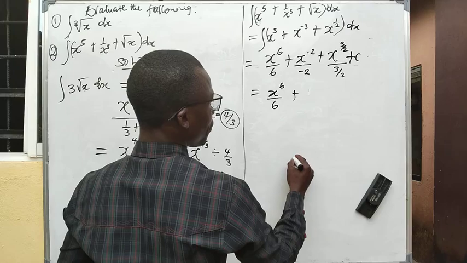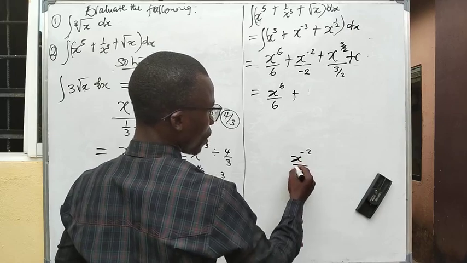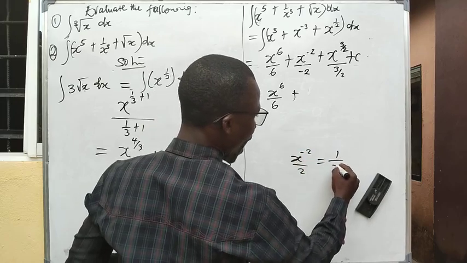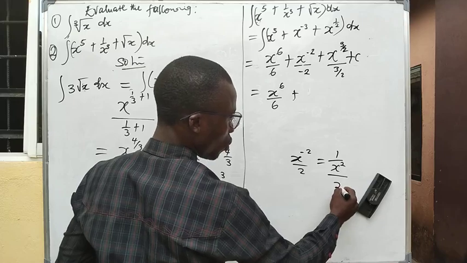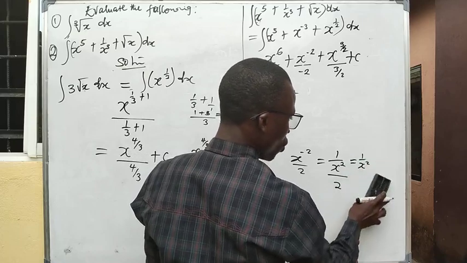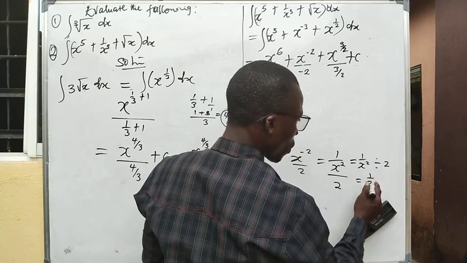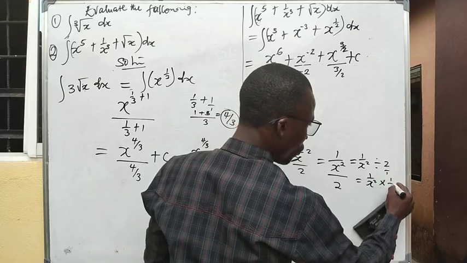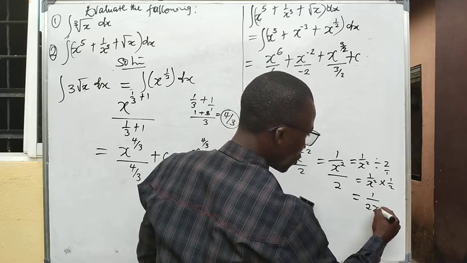If I take the inverse of x raised to power minus 2 over 2, this is the same thing as saying 1 over x raised to power 2, then over 2, okay? Remember, this is the main division, so it will give us 1 over x raised to power 2 divided by 2. This will give us 1 over x squared, over 1, so times 1 over 2. So it will now be 1 times 1 is 1 over 2x raised to power 2.